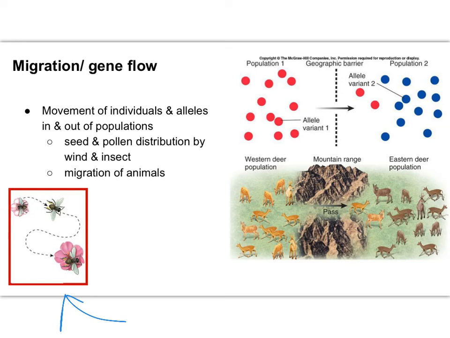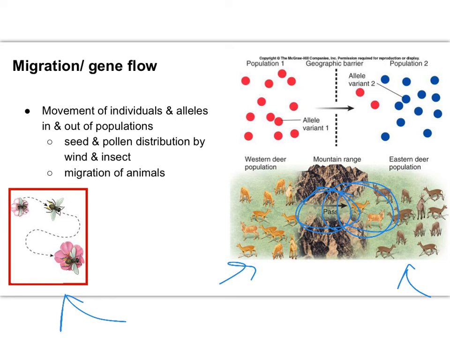We can see over here on the right with the deer, we had two separate deer populations that were separated by a geographic barrier, but there happens to be a pass in the middle. And so some of the western deer have moved to the eastern deer population. Now they're going to contribute to that gene pool, where this western deer population may have had different gene frequencies than this eastern deer population. You can see just in color that there's different gene frequency.